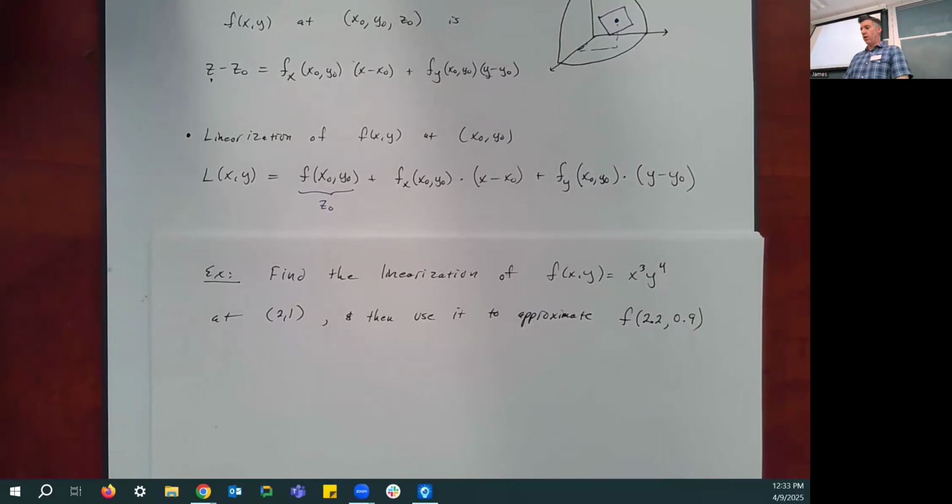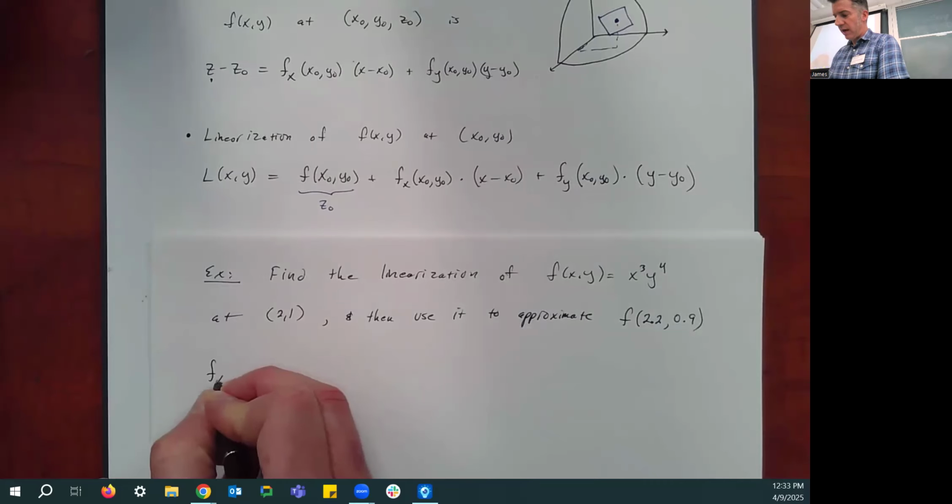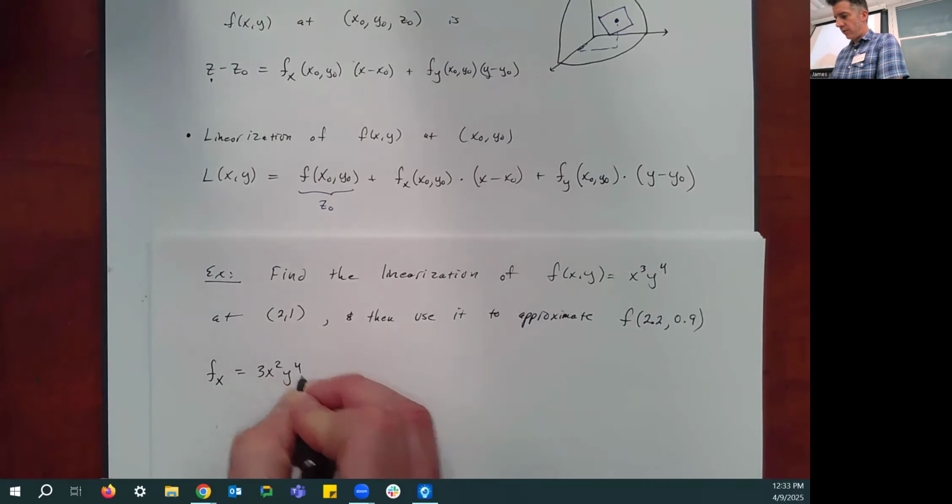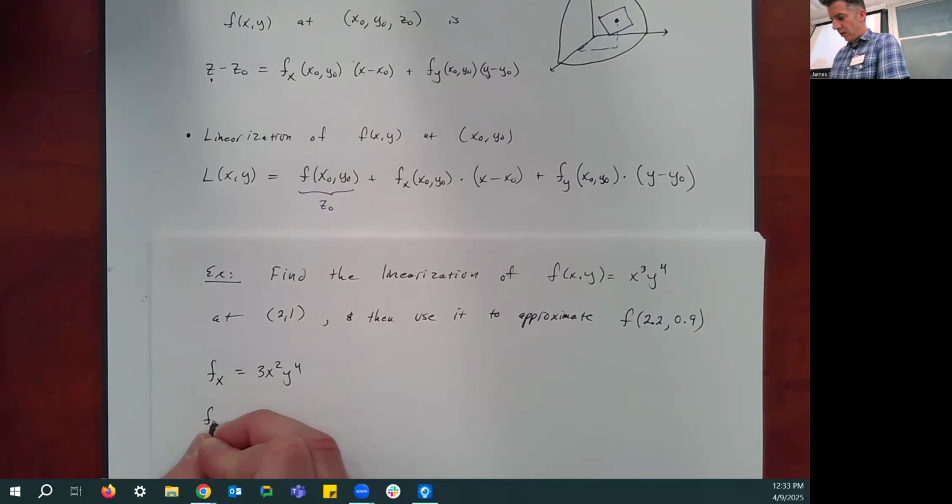All right, so if I'm finding a linearization, whether it's one variable or two variables, I need to find the derivatives. Really, that's something I always need. So here I need the partials. My partial derivative with respect to x is going to be 3x squared times y to the fourth. My partial derivative with respect to y is going to be x cubed times 4y cubed.